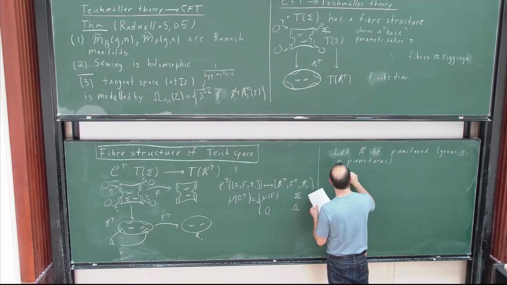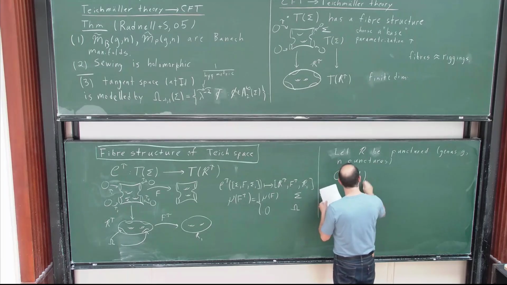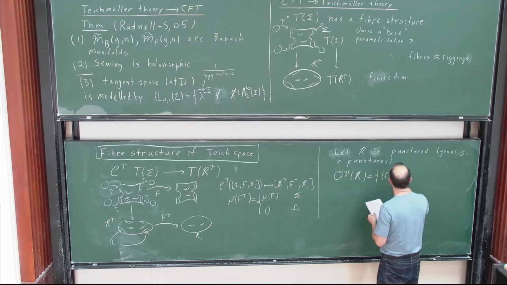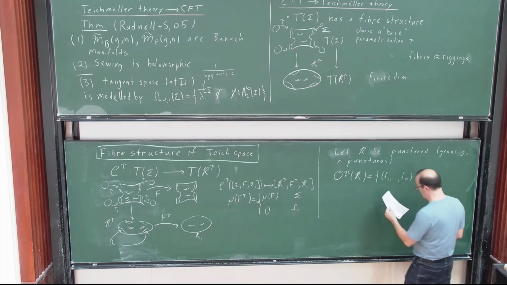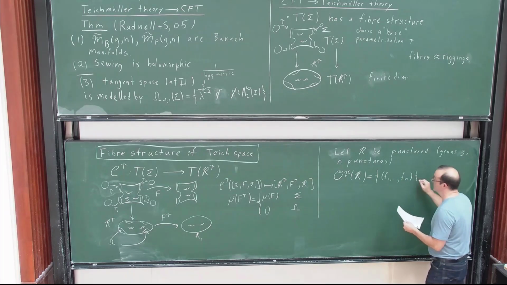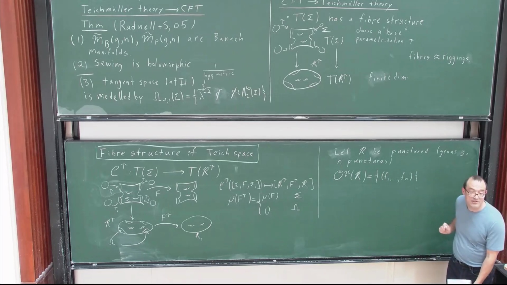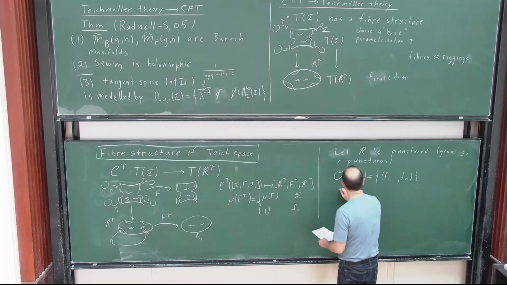So we say O QC of R. I think I defined this last time, but let me just repeat it. It's a set of mappings f1 to fn such that, and I know this is not much of a definition, the conditions on these are a little long, so let me put them here.